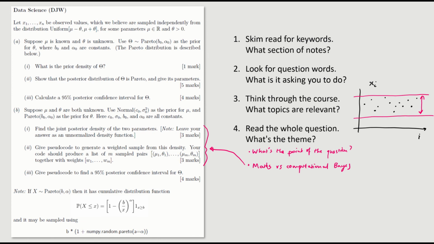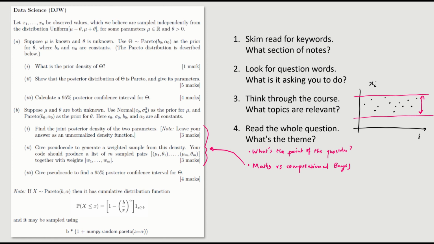Here's another theme that we might pull out. Look at part B, parts 1 and 2. We found a joint posterior density, mathematically, and then we found a joint posterior density computationally. So one of the themes here is the maths versus the computational approach to Bayes' theorem. And there's a subtext here. In B part 1, we couldn't do anything. It just said leave your answer as an unnormalized density.